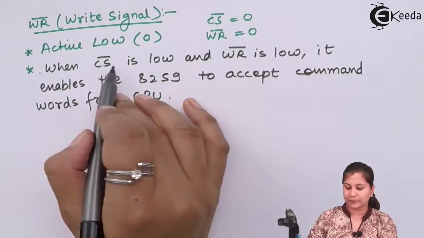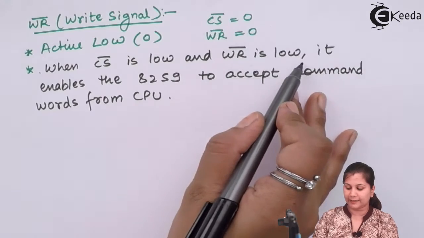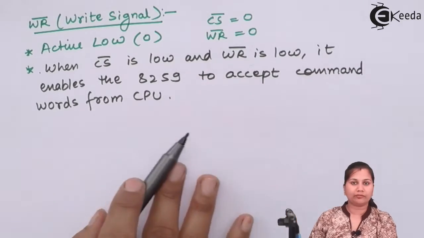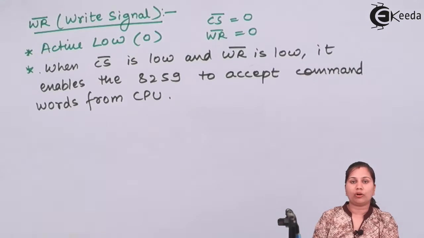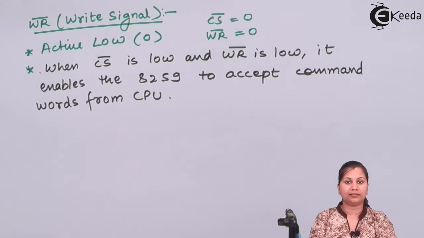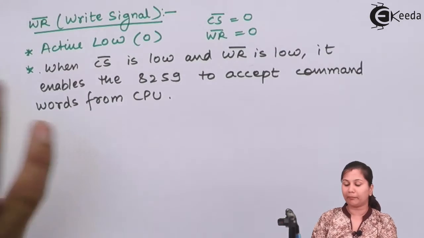So whenever the CS bar signal is low and the write signal is low, it enables the 8259 to accept the command words from the CPU. This 8259 has various types of modes of operation, and it can operate in various modes. Which mode is to be selected is decided by the command words.